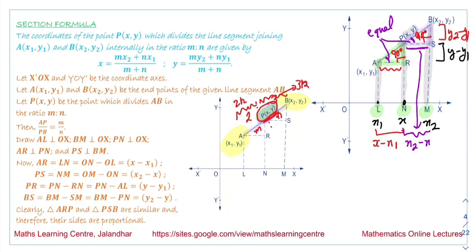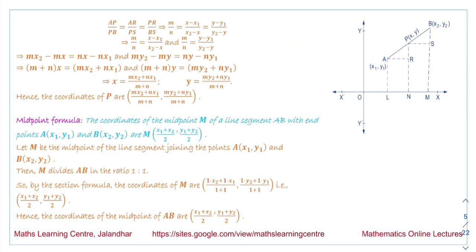By the similarity condition, we can write the conditions that PB, we are talking about this length, is AP over PB. We are talking about two triangles: one is the triangle ARP and the second is the triangle PBS.